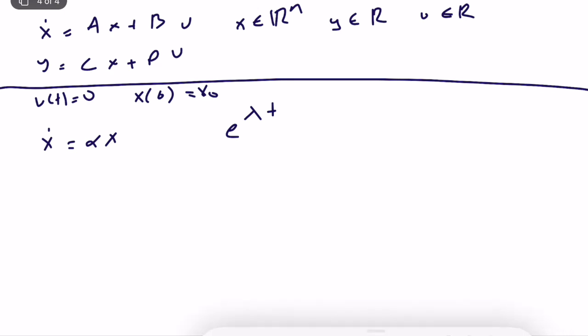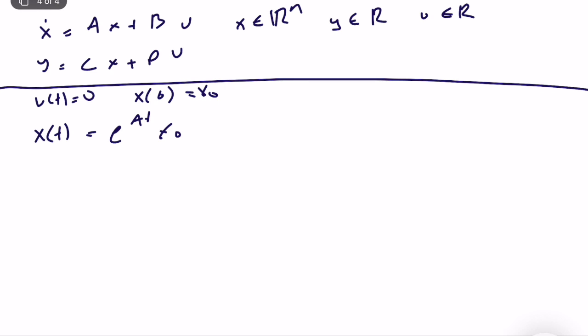If we do the same thing, we will start with a guess, and it will be a more educated guess. Let's assume that x(t) is equal to e^(At) times x0. So you check if it solves the homogeneous equation or not.